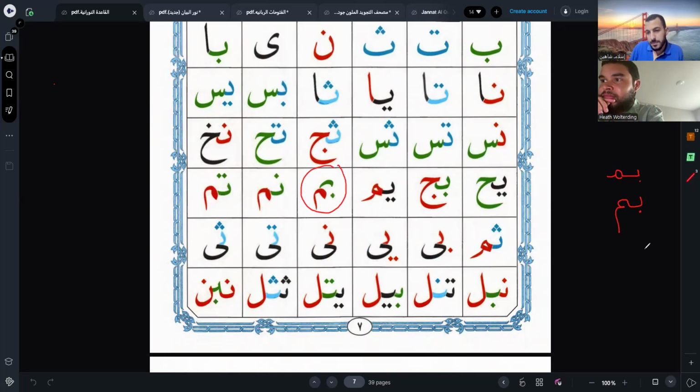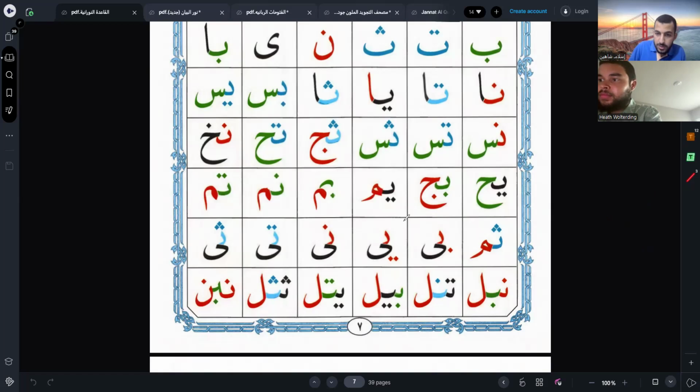We may have them like the same one as we have here. Or sorry, let's make it like this. Okay, all of those are ba, meme, ba, meme. What makes the meme special is the downward alif.